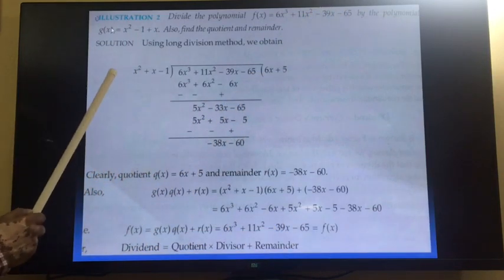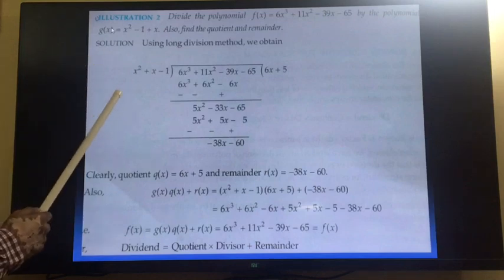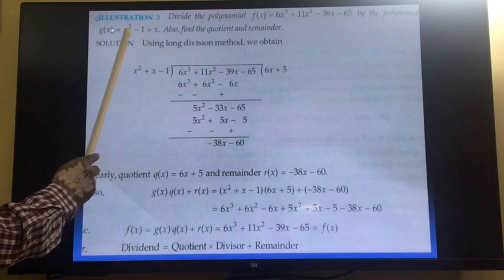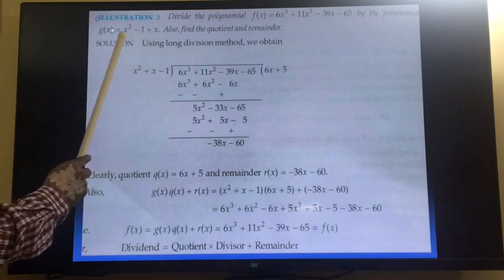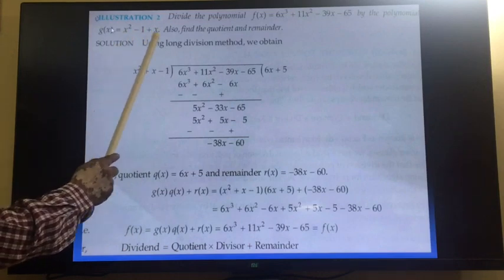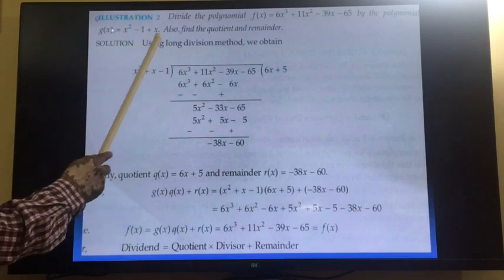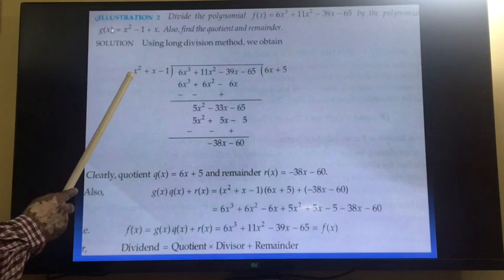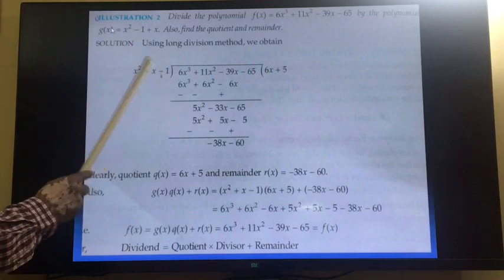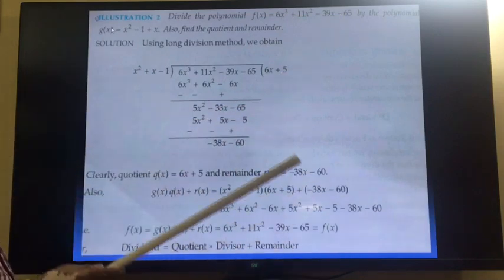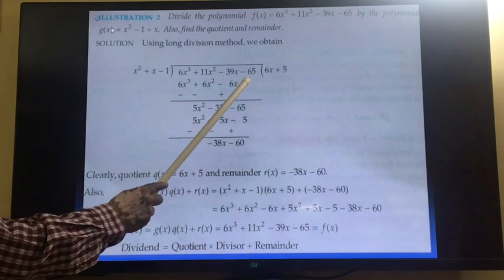The important thing here is that the terms are not written in descending powers of x. So first of all you will write g(x) in descending powers of x: x^2 - 1 + x, first of all you will write x^2 + x - 1. Similarly, if the dividend is not written in descending powers of x, first of all you will write it in descending powers of x.